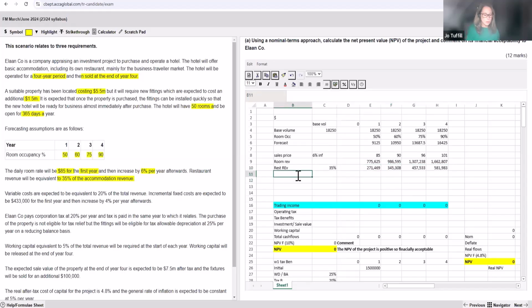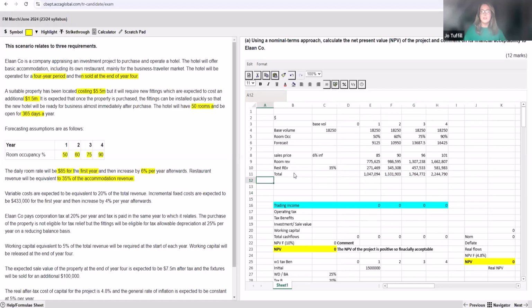So therefore, our total revenue is going to be an addition of that plus that. Now you could have done room revenue times 1.35 if you wanted to be slightly quicker, but I'm not that bothered. You may find it easier to do this for that section afterwards, to get the format looking the same.